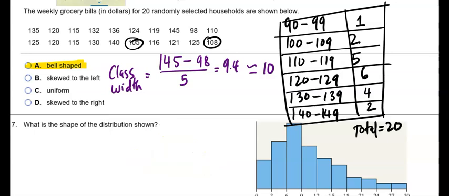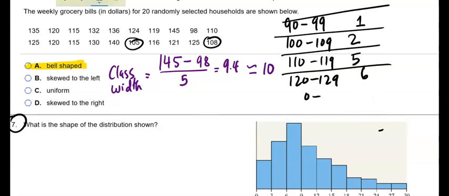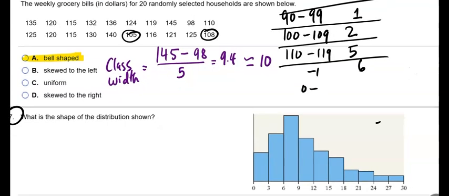Question number 7 gives you a histogram, and you have to determine the shape of the histogram. Obviously, as the data value increases, the frequency gets less and less.